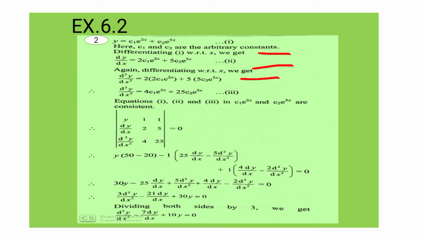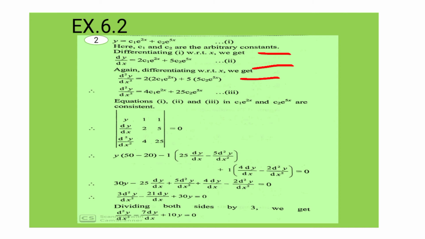This is the third equation. Equations 1, 2, 3 in c1 e raised to 2x and c2 e raised to 5x are consistent. Therefore, the determinant of this is equal to 0.